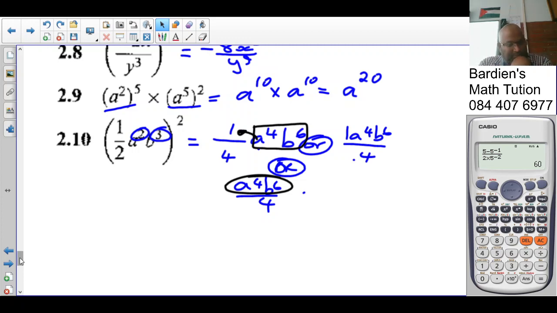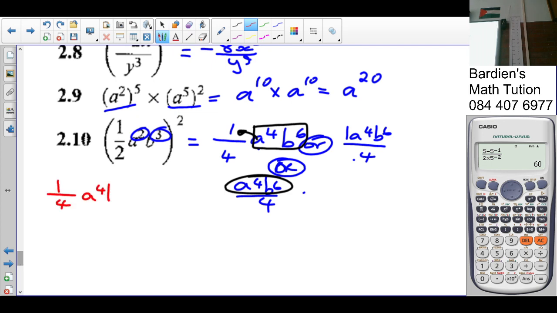Why can't it be at the bottom? Okay, I'll finish. If the question is why can't it be at the bottom? If you got 1 over 4, A4, B6, what sign is happening between the quarter and the 4A, 4B6? Divide. What happens between 2A, 4B6? Times.